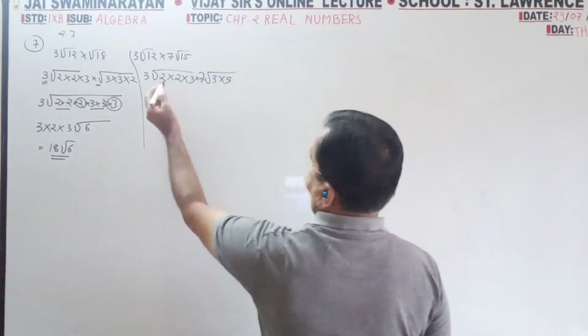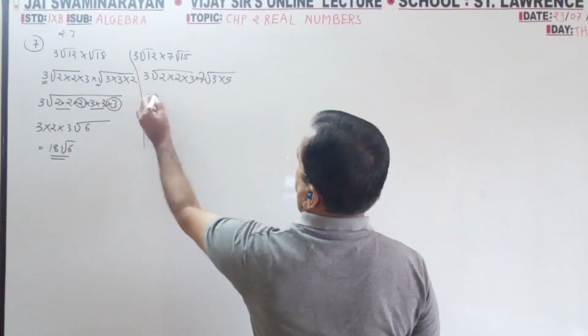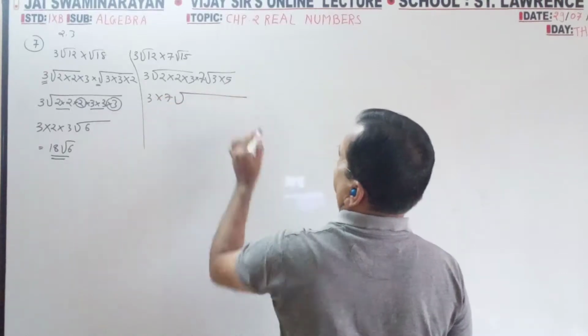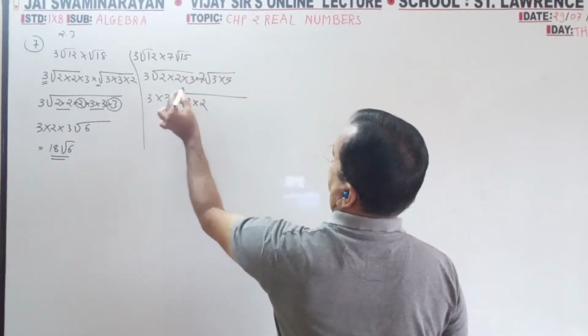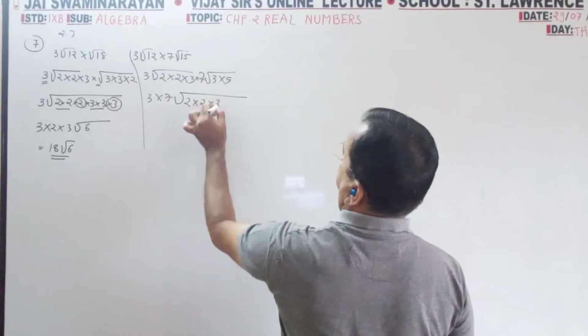Now here 3 and 7 are the outer numbers. Under the root, number 2, 2 times, 3, 3 times.